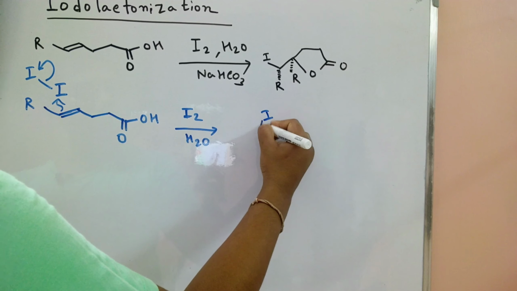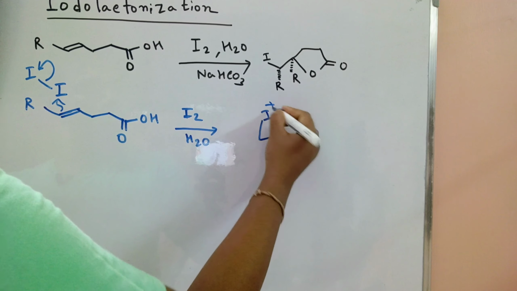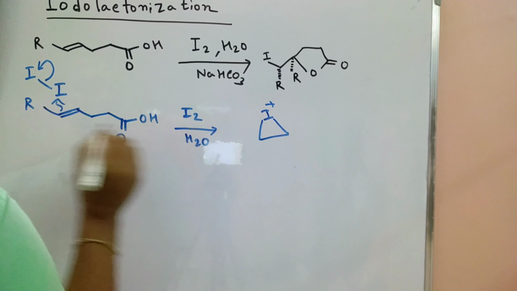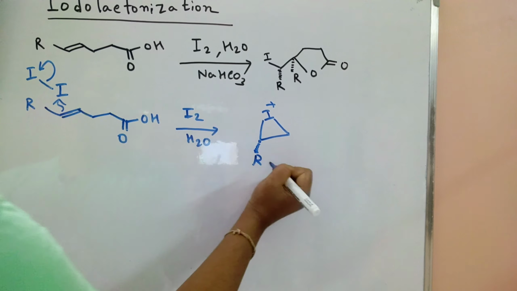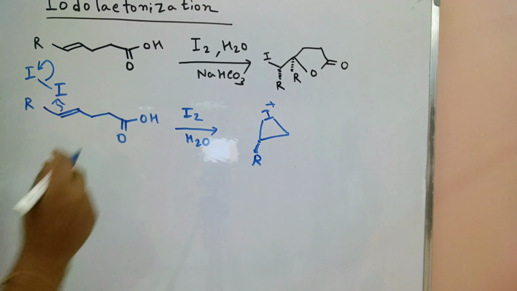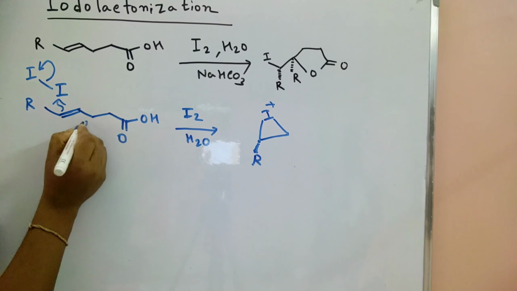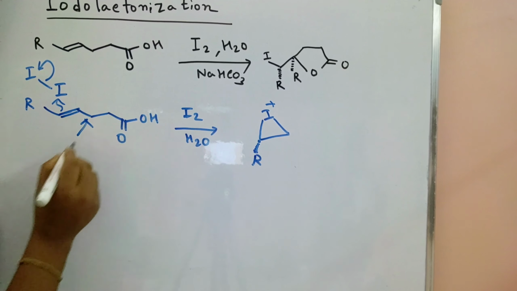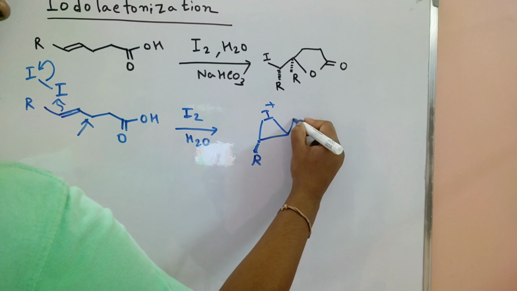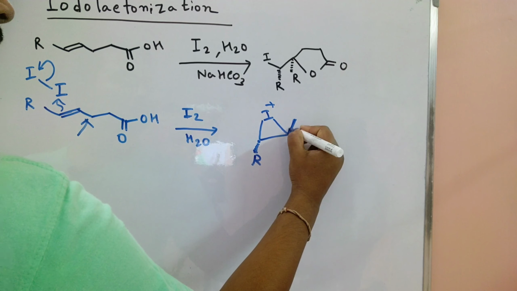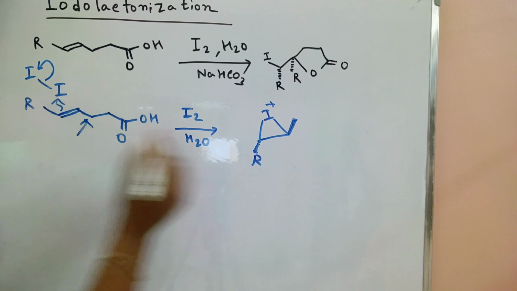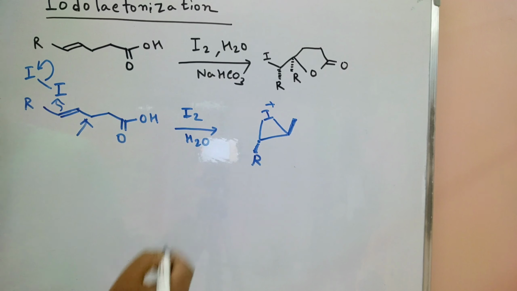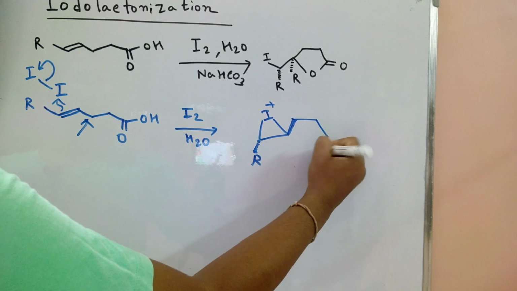At first we draw the iodonium product, then this R is trans, so it can be downside, but the other bond is downside, and this bond is upside. So this bond is bold because this substrate is the trans starting material.